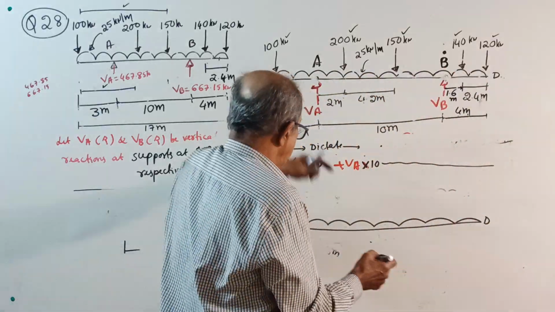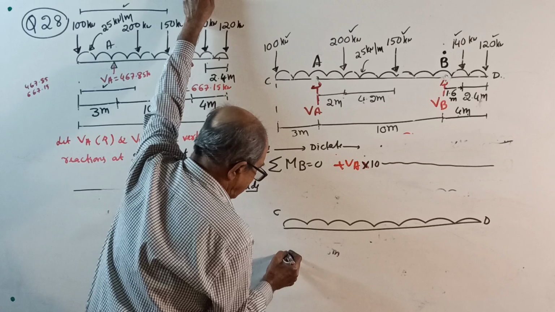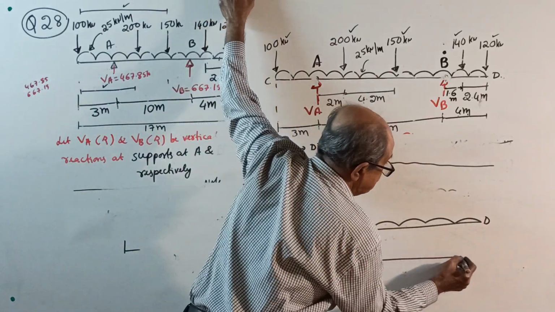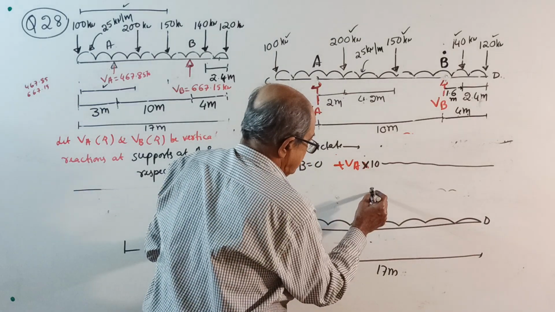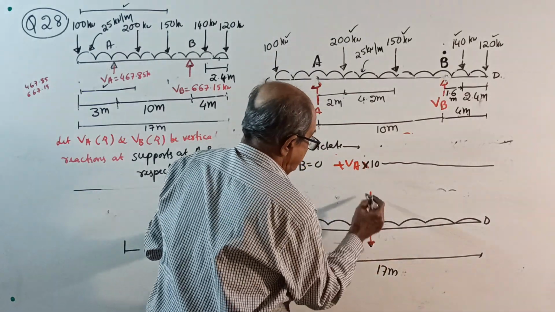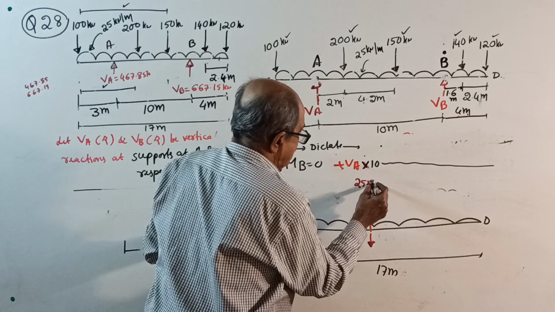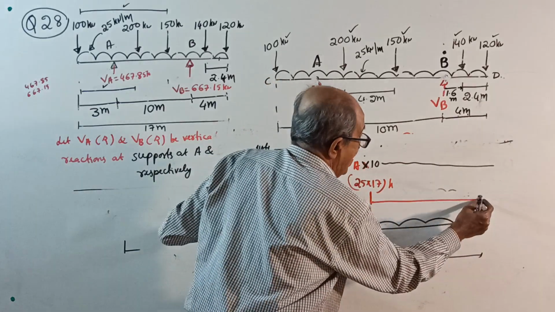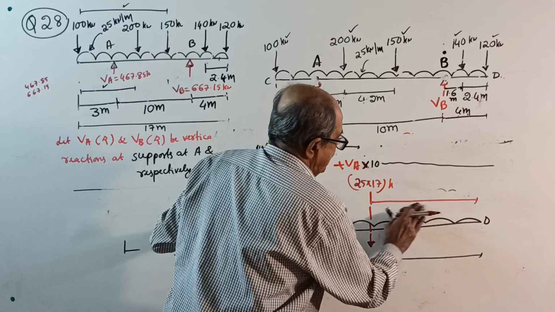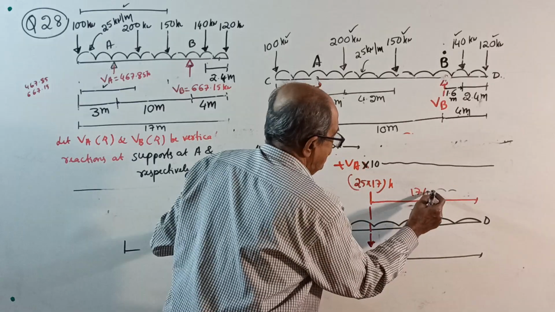Or you can take C to D directly in a single step. Total length of load is 17 meter. So this resultant will come somewhere here. How much is it? 25 into 17 is the total load in kilonewton, and from D it will act at 17 by 2 meter.